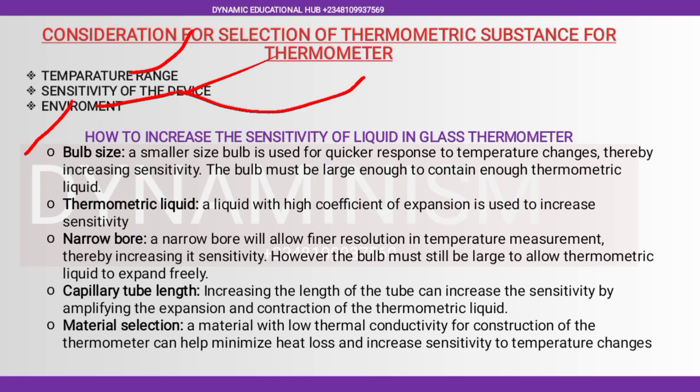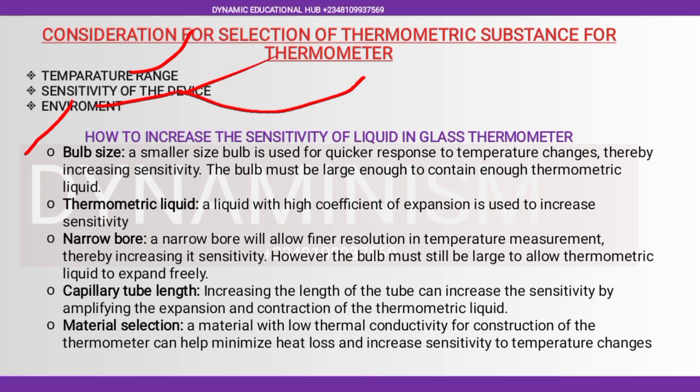It is not possible because the temperature is so high, and at the end of the day that device can even melt. So that is why you can't use all these liquid-in-glass thermometers, all these liquid thermometric substances, for that kind of environment. You need to use another device. That's why we use a pyrometer to measure the temperature of that kind of environment, because your pyrometer does not have to be in contact with the furnace.